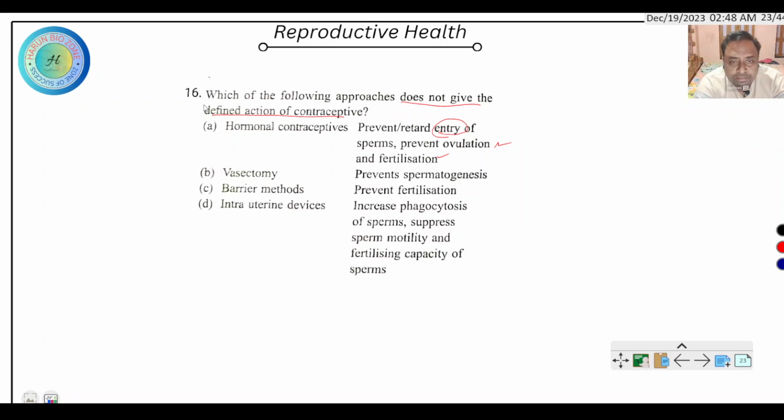Vasectomy means preventing sperm from moving through the vas deferens into the urethra. Barrier method prevents fertilization. An intrauterine device increases phagocytosis of sperm and suppresses sperm motility and fertilizing capacity. Here the wrong answer is vasectomy.